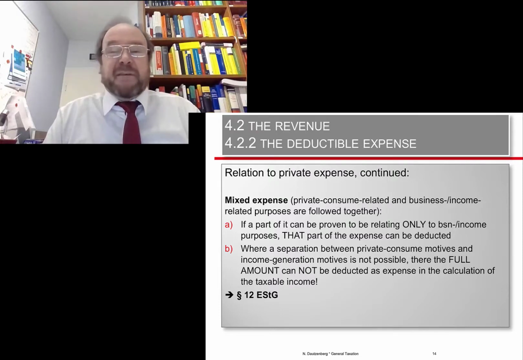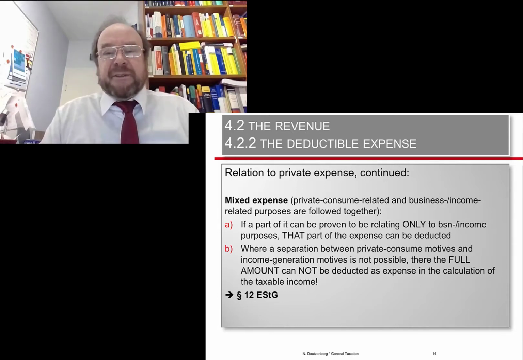First test, were they motivated by an income motive? There was some income motive. Okay, let's try a job interview at Munich. Probably I will not take that job, but in the long run it might have positive consequences for my job and income developments. But there was now also a private motive involved. I want to see Munich and enjoy that city.